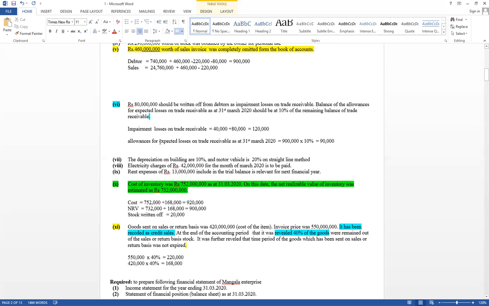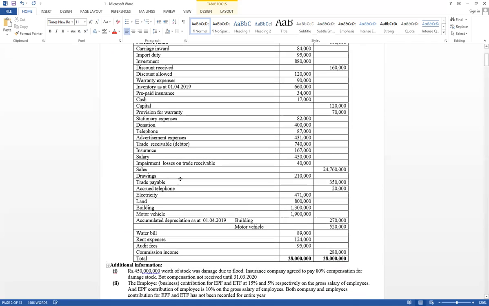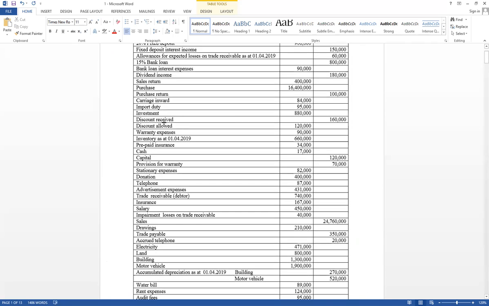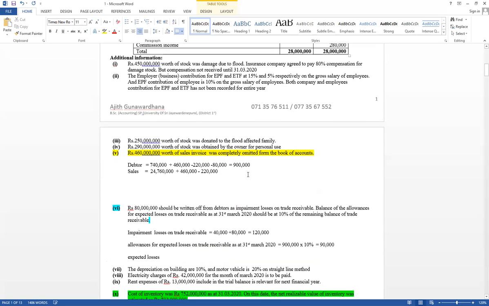At the same time, you have to calculate expected losses. It may be under provision, it may be over provision. Trial balance also gave the balance of allowances for expected losses. Opening balance equals 60,000, but closing balance equals 90,000.